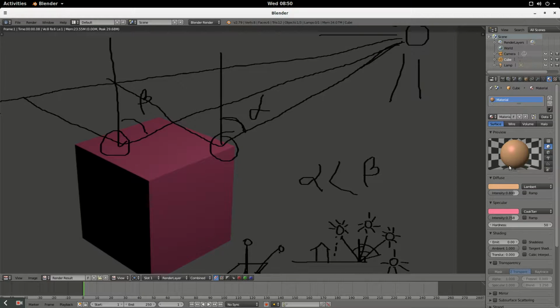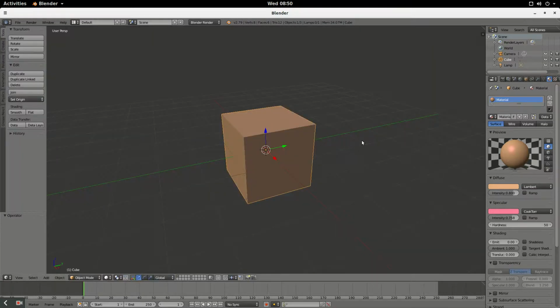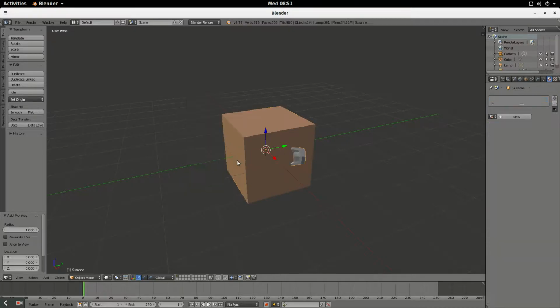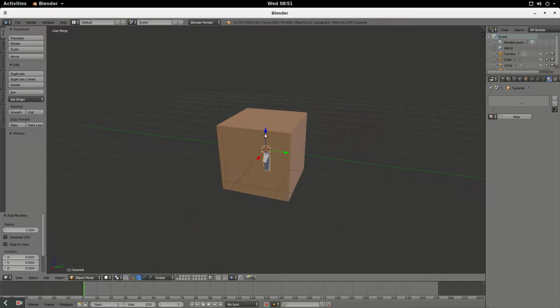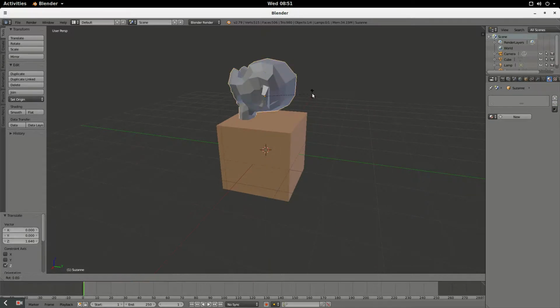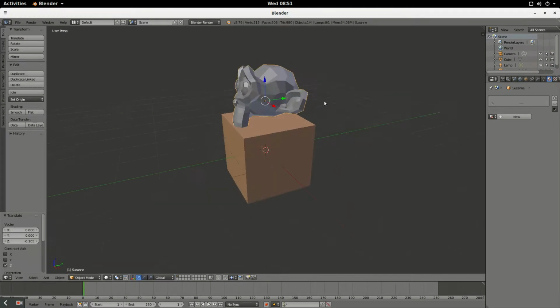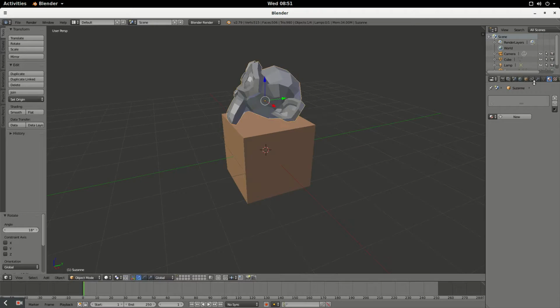The other thing that you need to notice is with the, let me bring up another mesh, the monkey mesh. And I'll just make it a little bit smoother.